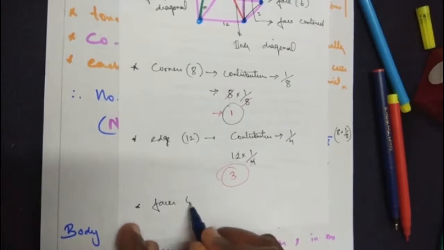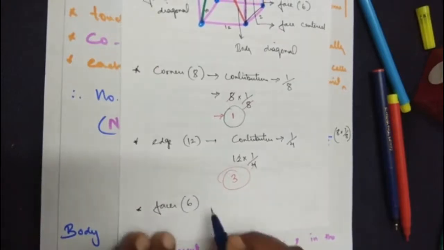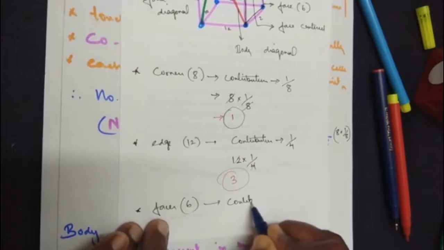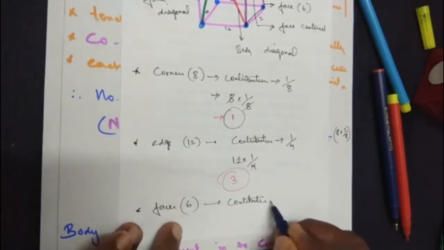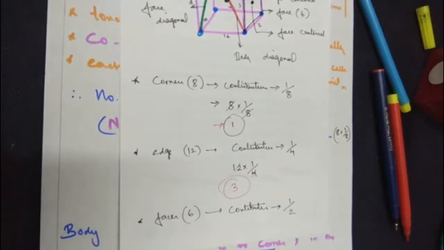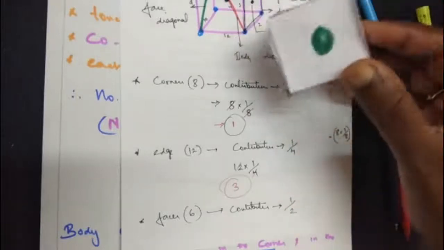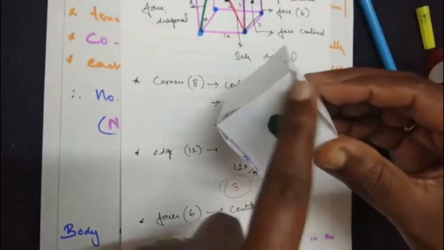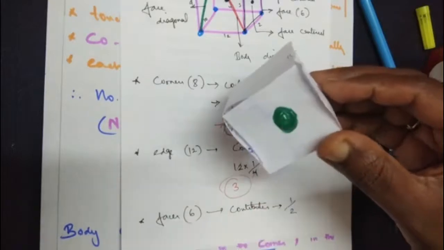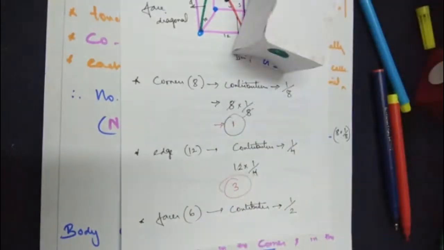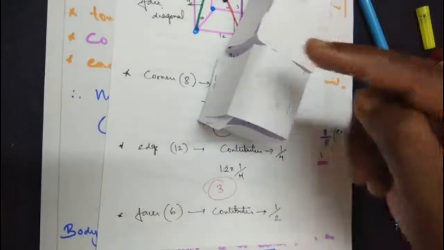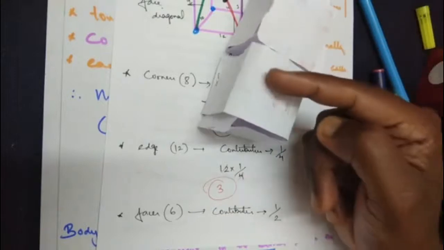Faces: how many faces are there? 6 faces are there. Now what's their contribution? The contribution is only half of it. Let me tell you in detail. I have taken a cube with a marked point here. This is a lattice point on this particular face. Now if it joins with another unit here, this lattice point is shared by the other unit, meaning half of the lattice point belongs to this unit and the other half to the other unit.